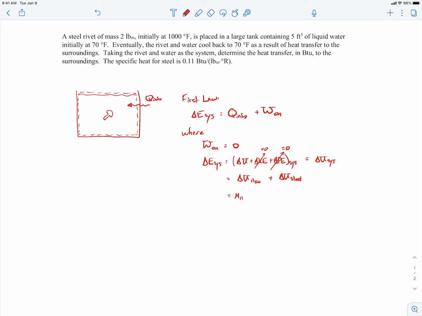So that'll be the mass of the water times the specific heat of the water times the final temperature of the water minus the initial temperature of the water. And then I can do the same thing for the steel, which is also assumed to be incompressible and with a constant specific heat.